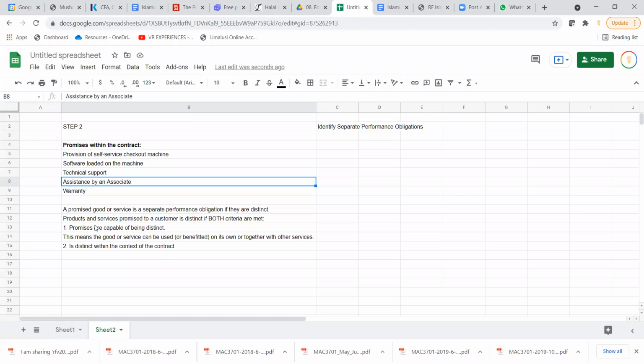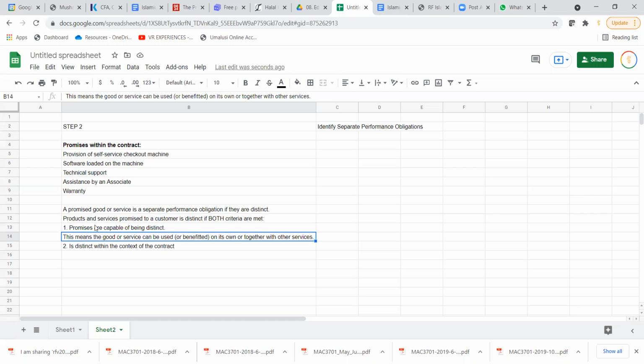Whereas the associate is not a separate performance obligation, because the assistance by an associate is not capable of being distinct. So it does not meet point number one. The fact that it does not meet point number one, there's no need to look at it from point number two.